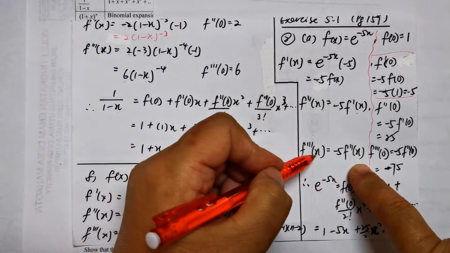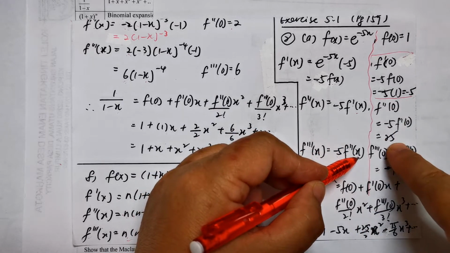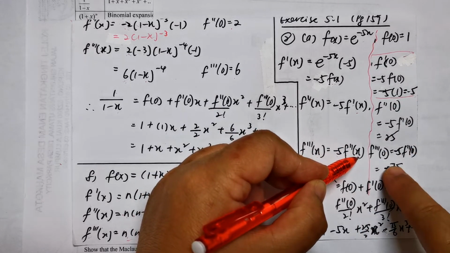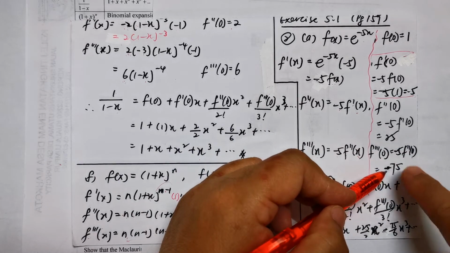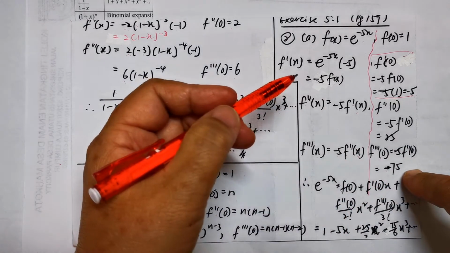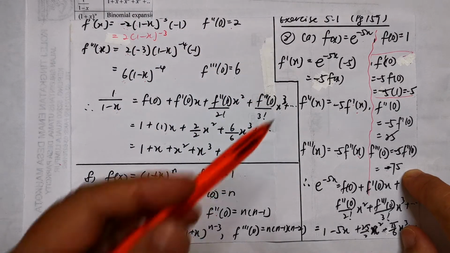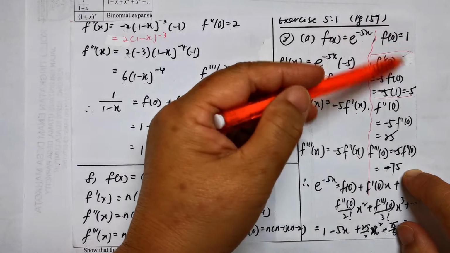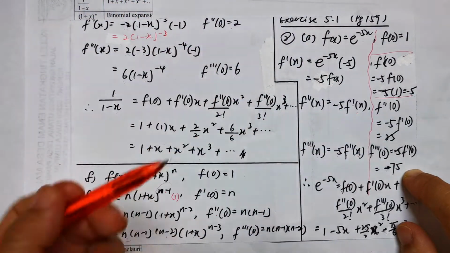So when we sub 0 in, f double prime 0 we calculated just now is 25. Therefore it's negative 5 times 25, so negative 75. All right, I stop at the fourth term, because all are with values, right? I have the first 4 terms already, so I stop here.